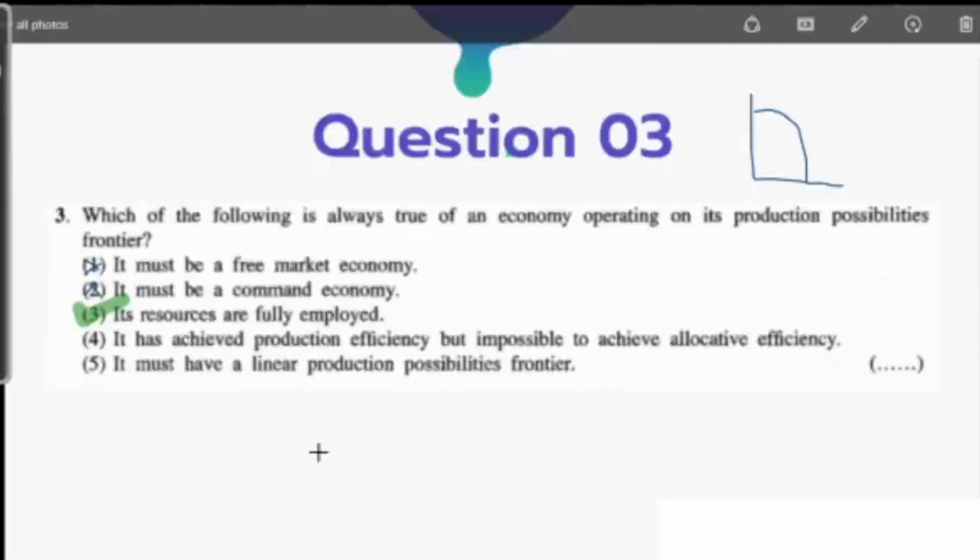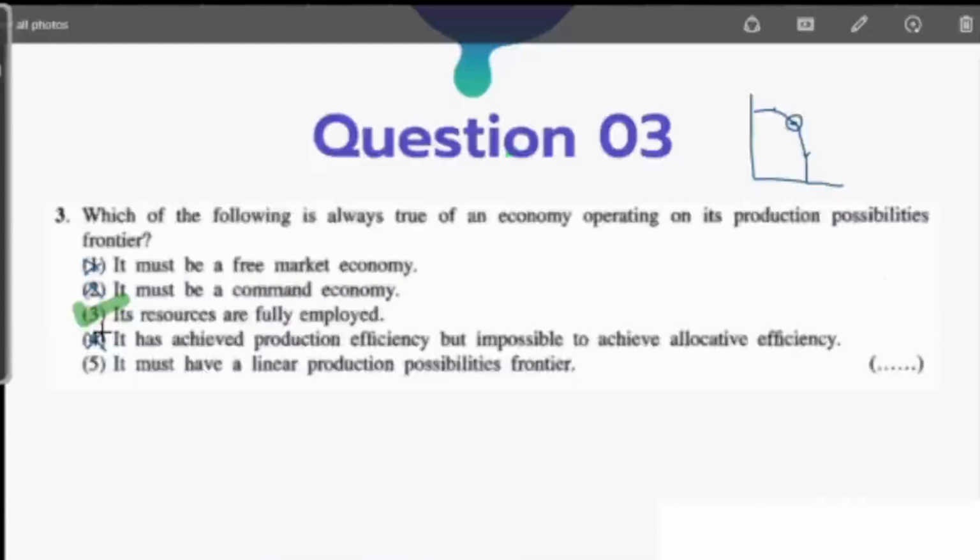It has achieved production efficiency but impossible to achieve allocative efficiency. If you all can remember, any point on the PPC represents productive efficiency. Out of many productive efficient points, one could be allocatively efficient point. So this statement is inaccurate.